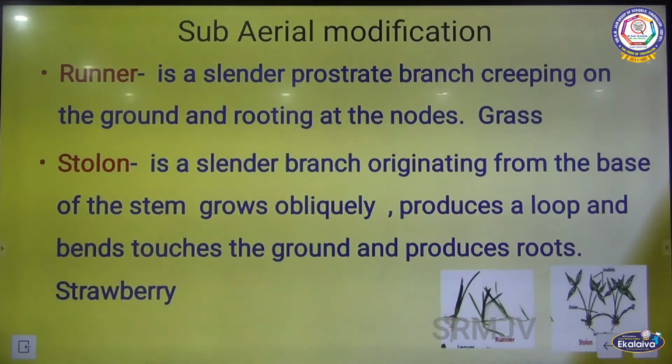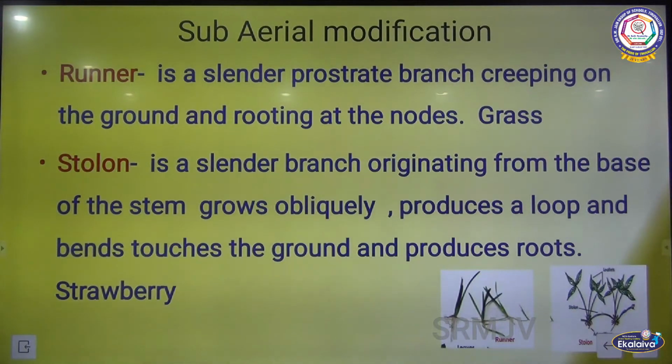And when we see the subaerial modification, these are the weak stems or branches which lie horizontally on the ground and they are meant for vegetative propagation. In this we are going to see a runner. A runner is a slender prostrate branch which creeps on the ground, and from the nodes you will find the roots arise. Example, grass.